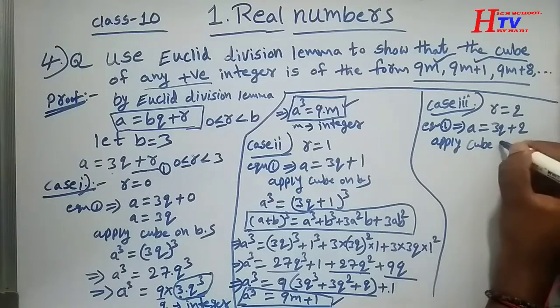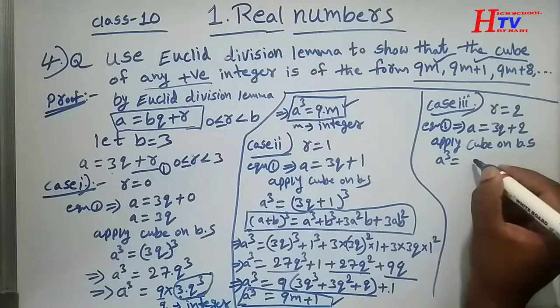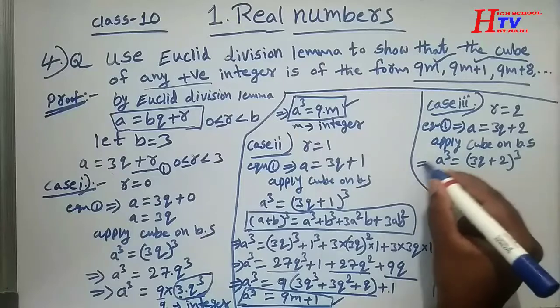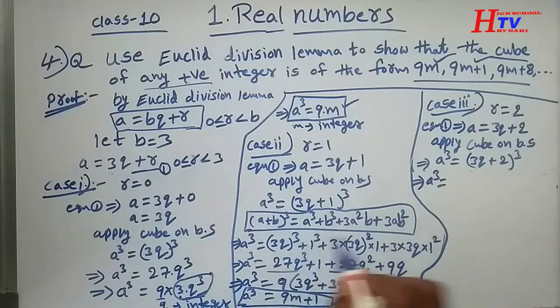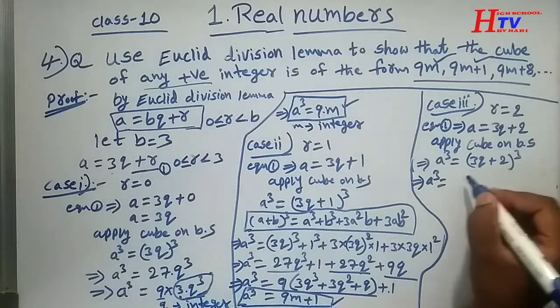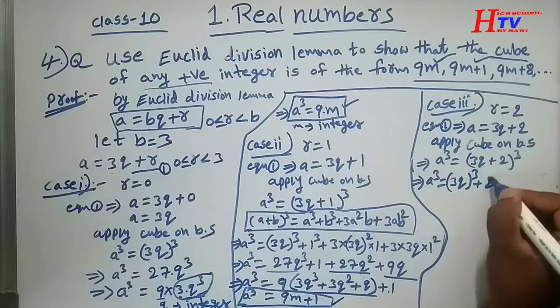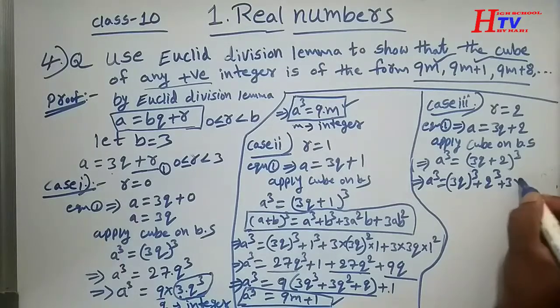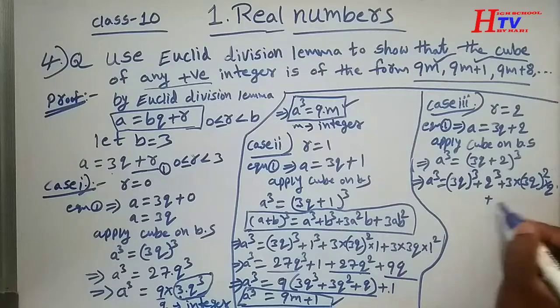Applying cube on both sides, a cube equals to 3q plus 2 whole cube. It is in the form of a plus b whole cube. It can be expanded as a cube plus b cube plus 3a square b plus 3ab square. A cube is 3q whole cube, plus b cube 2 cube, plus 3 into a square, 3q whole square, 3a square b is 2, plus 3a b square, it is 2 square.